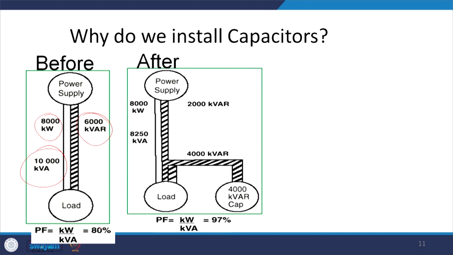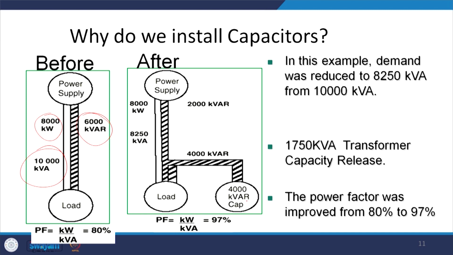On the other hand, if you have a capacitor bank of 4000 kVAR, then what will happen, this capacitor bank will supply the reactive power, ultimately the net kVAR coming from the line is 2000.